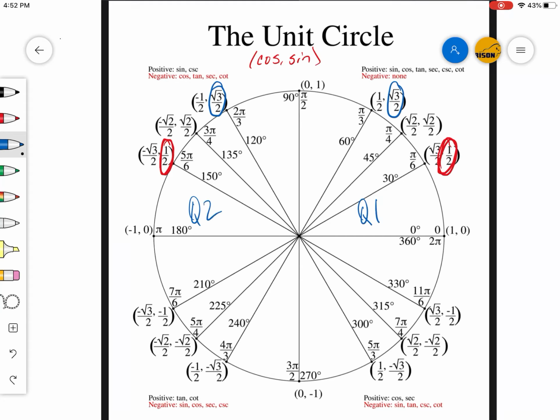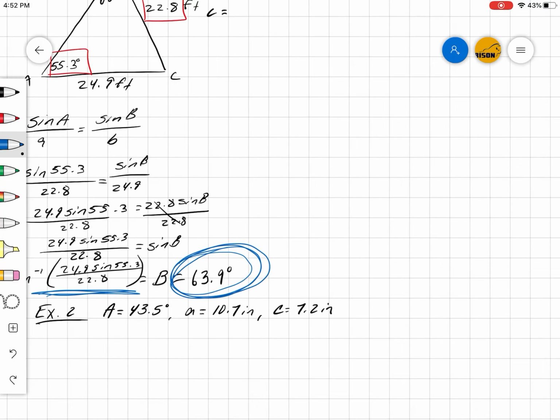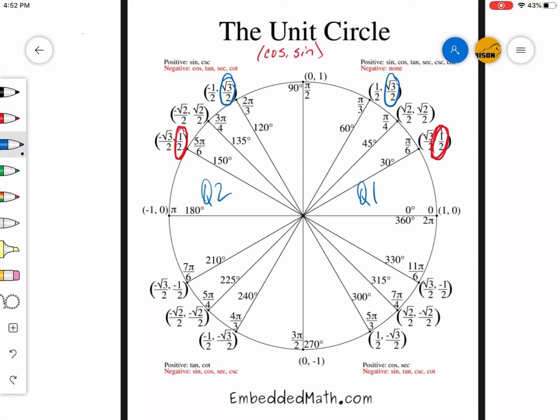They're the same. So what we have to be able to figure out is what they match based on the situation that we just had. What we just found out was our angle B is 63.9. 63.9 is probably going to be somewhere in this ballpark. That's where that giant number that we typed in was sine. But that also means there's going to be something over here in this ballpark that is also the exact same sine.